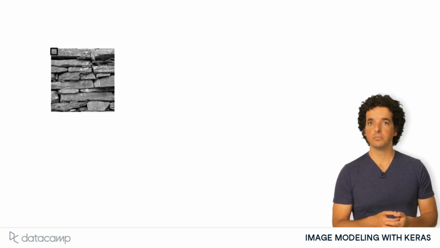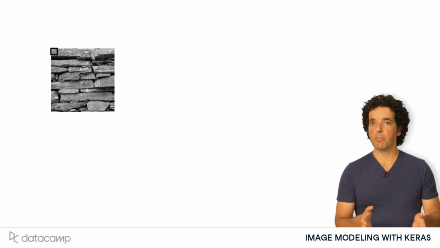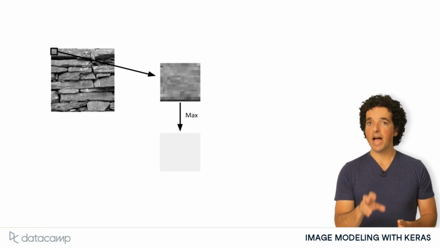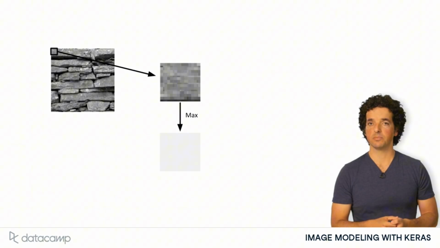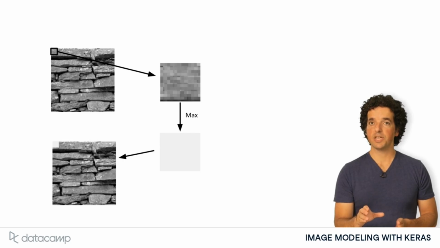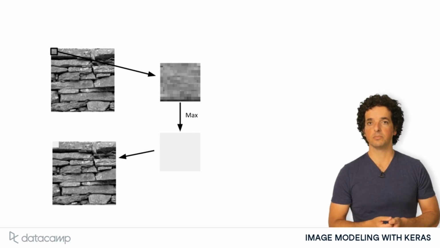In this image, we might start with the top left corner, extracting the pixels in this part of the image and calculating the maximal value of the pixels there. In the output, we replace these pixels with one large pixel that stores this maximal value.